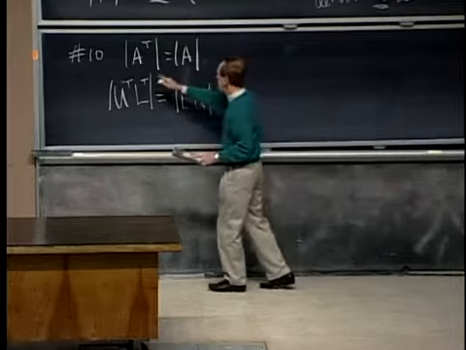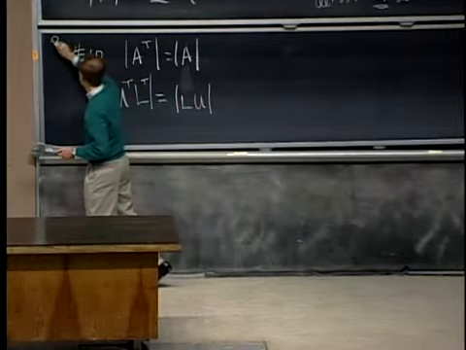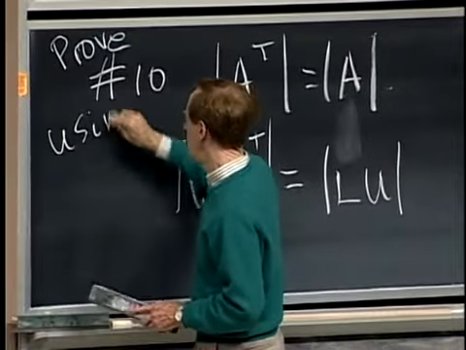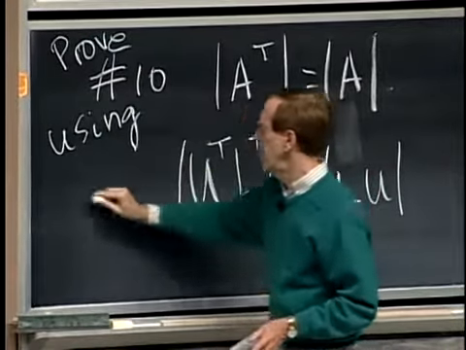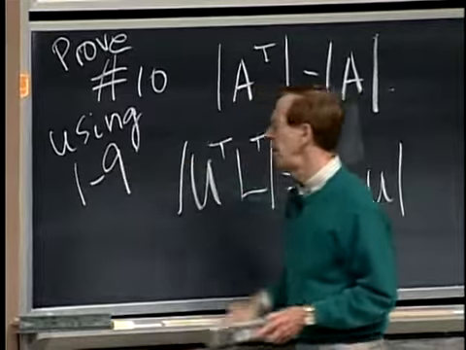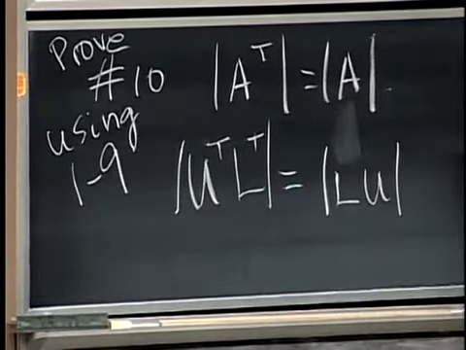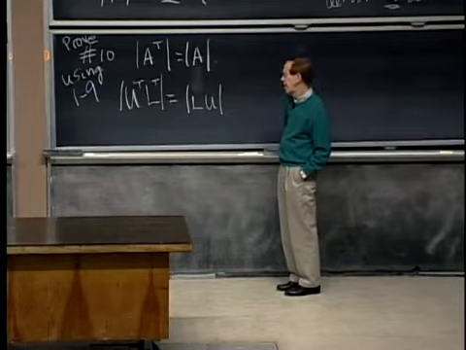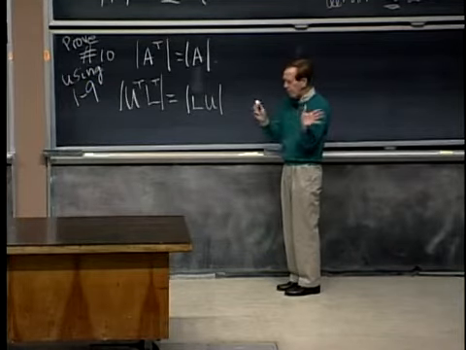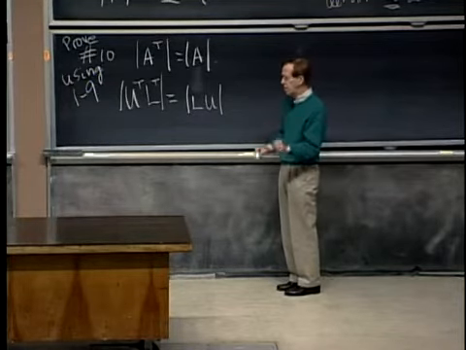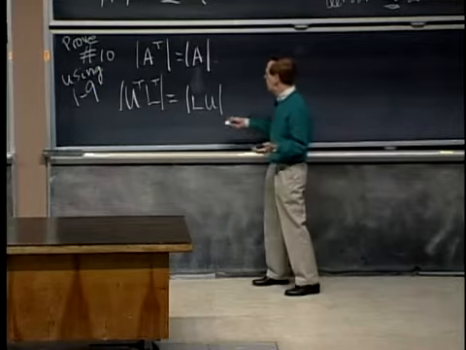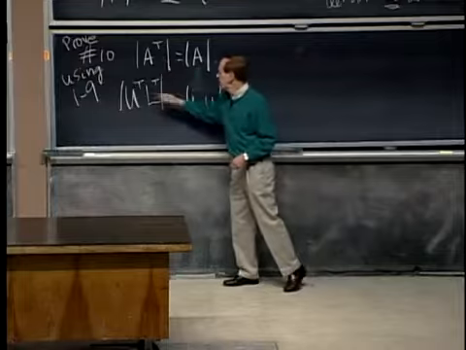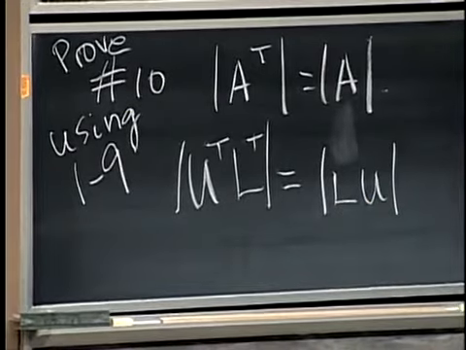So this is prove number 10 using, well, I don't know which ones I'll use, so I'll put them all in, 1 to 9. OK. I'm going to prove number 10 by using 1 to 9. I won't cover every case, but I'll cover almost every case. So in almost every case, A can factor into LU, and A transpose can factor into that. Now what do I do next?